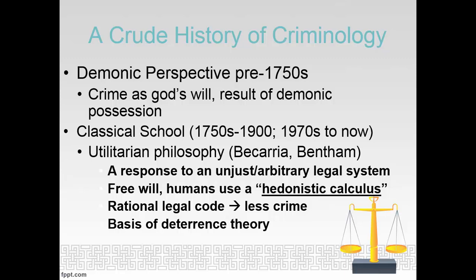That is that crime is caused by forces outside of a person's responsibility, that essentially crime was viewed as God's will. So for good or bad, all your outcomes in life are viewed as a result of God's will, and sometimes specifically as a result of some sort of demonic possession.